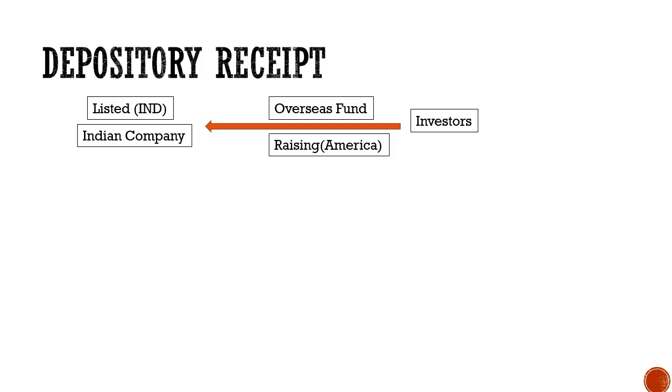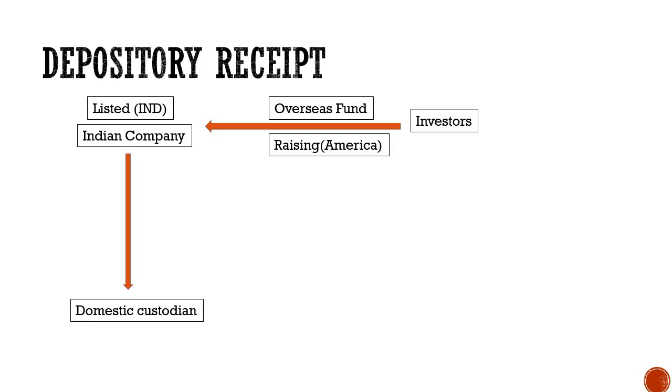So now let's continue with the example that the Indian company wants to sell its shares to a person overseas. For doing that, the company has to contact another company known as a domestic custodian.